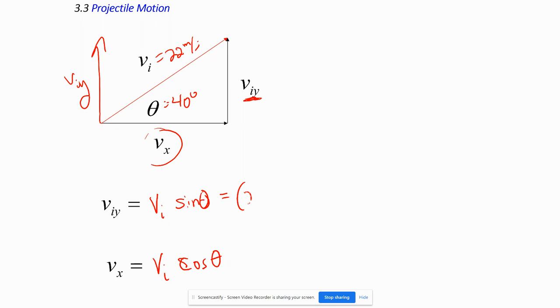Plugging in the numbers, 22 times sine of 40 degrees, and 22 times the cosine of 40 degrees. We did this already with the first one, so we should get these answers quickly.